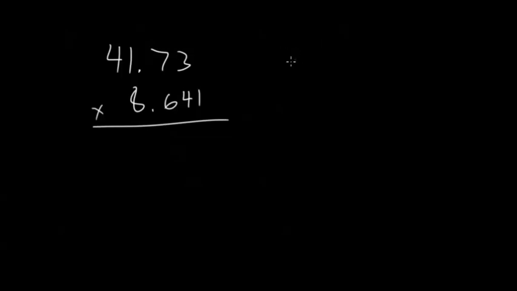And remember, the other way to think about it, you could write this instead of 41.73, you can write it as 4173 all divided by 100. Because notice, to move it 2 decimal places the other way, you have to include this division by 100. To move it 1 decimal place, you just divide by 10. And then this one, so we'll multiply it by 8,641.